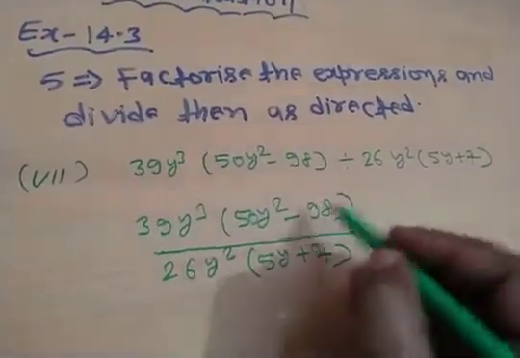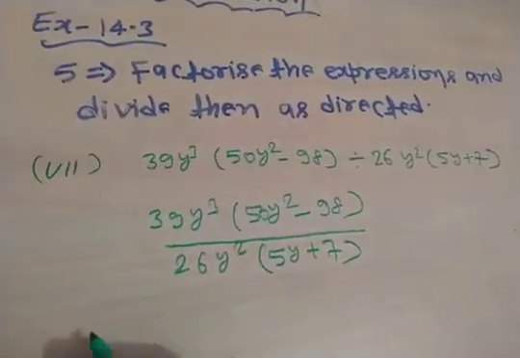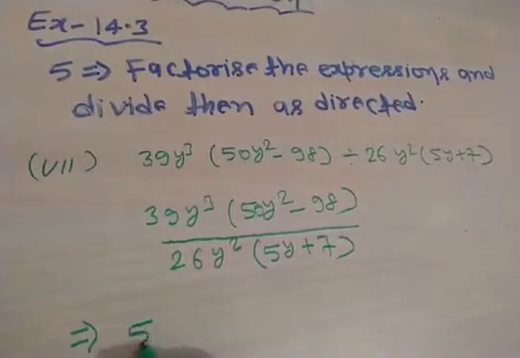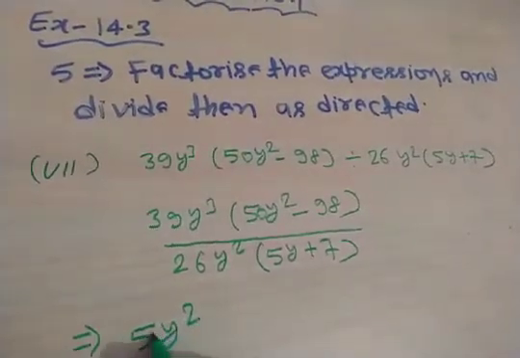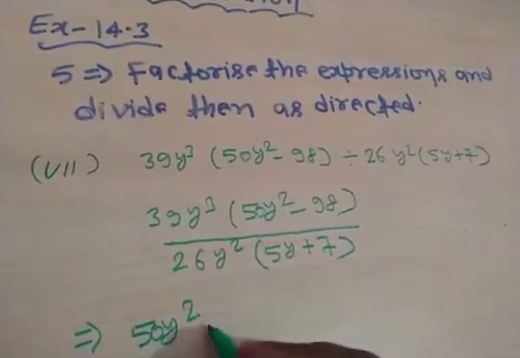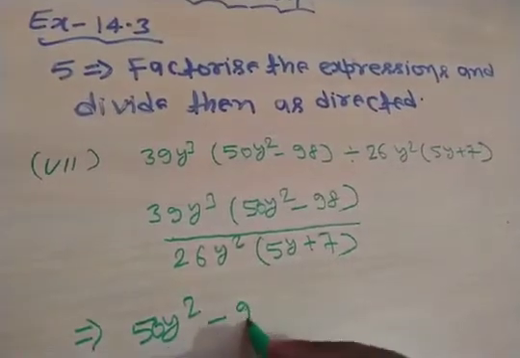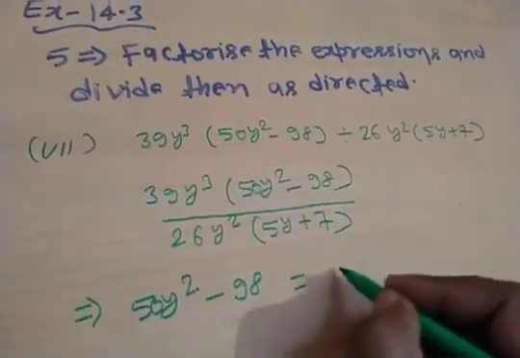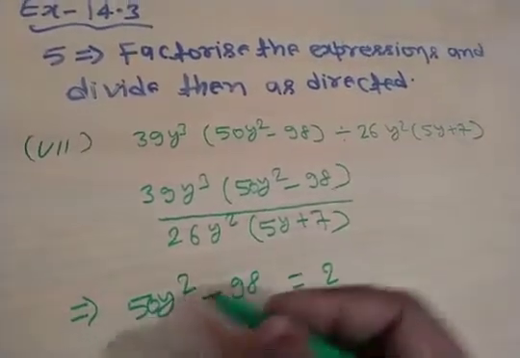First we factorize these terms. Here, first we factorize 50y square minus 98. Okay, so we take common 2 from both terms.